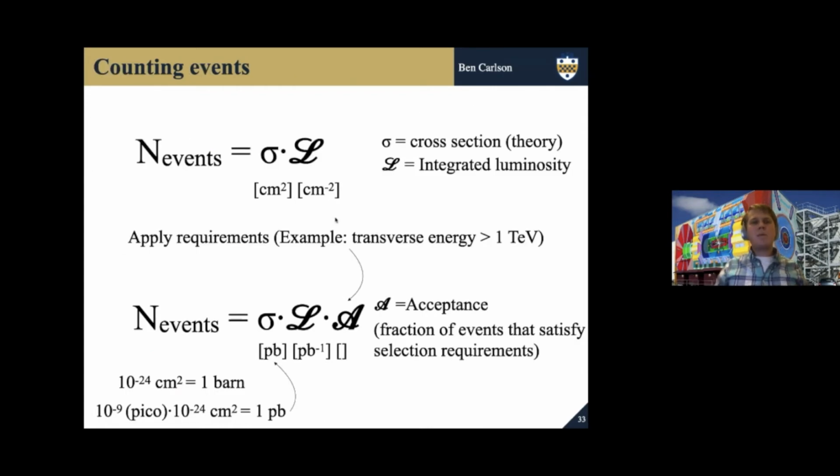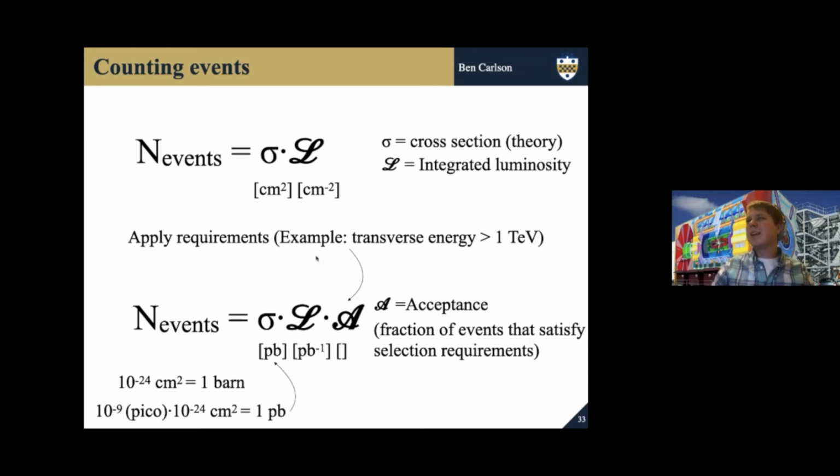So what we want to do is make specific analyses for Higgs to invisible decays. I just want to give a little introduction to how we do that. So we're doing counting experiments, and what we do is we make a prediction for a given process. We say that that prediction gives us a cross-section, and then we measure the luminosity, which is how many proton collisions were delivered by the LHC, and then we can predict how many events we expect.